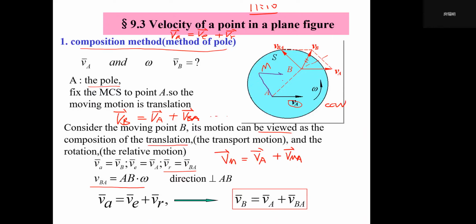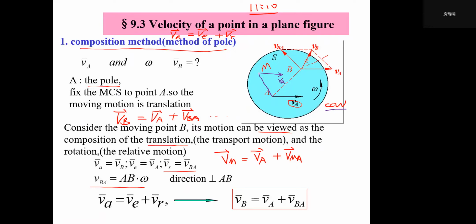This is VA, which is the translational component with the pole point A. Another is its rotational component around A. Since we know omega is in the CCW direction, we can use the same method.